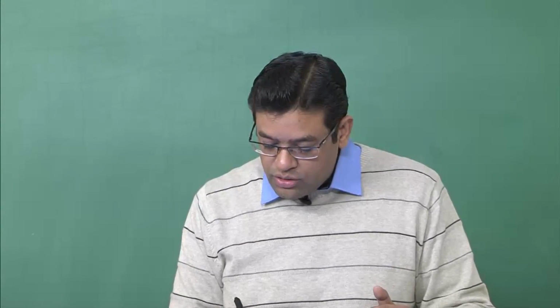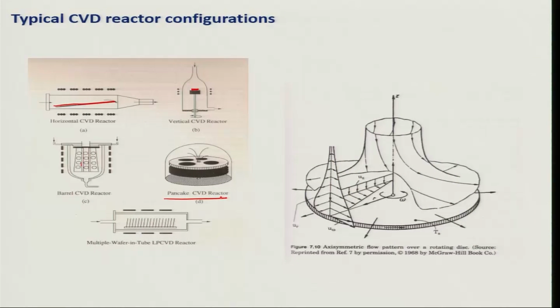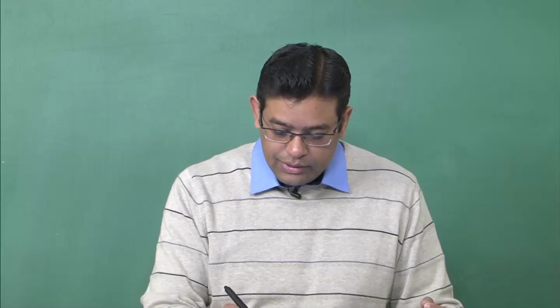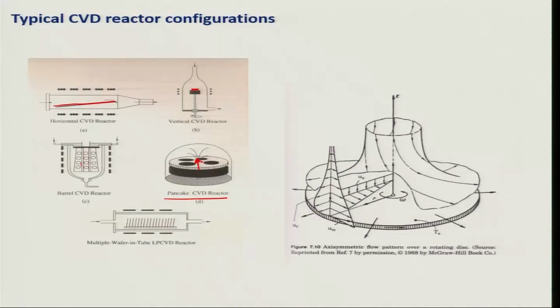Okay. You can also have a pancake CVD reactor where your substrate holder is horizontal and it may also rotate, and the gases come from the bottom and flow evenly across. You can also have a multiple wafer in tube reactor which is horizontal, and you can stack your substrates one after another.